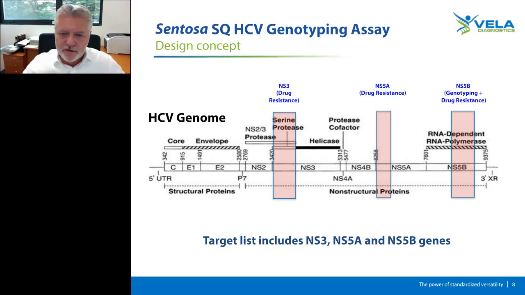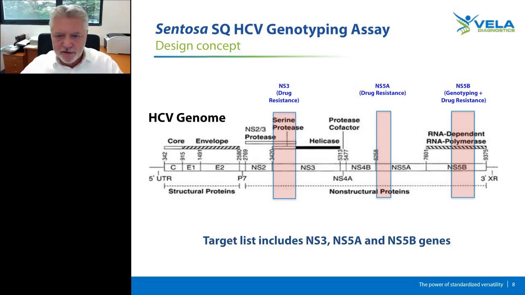In addition, we're doing resistance testing, or testing for resistance-associated variants more precisely, in the NS5A and the NS3 regions. So what you get in one run is information on the genotype and also on the resistance-associated variants.